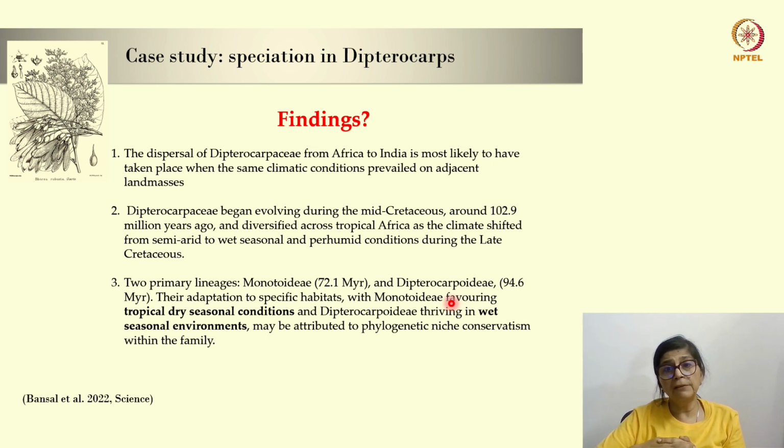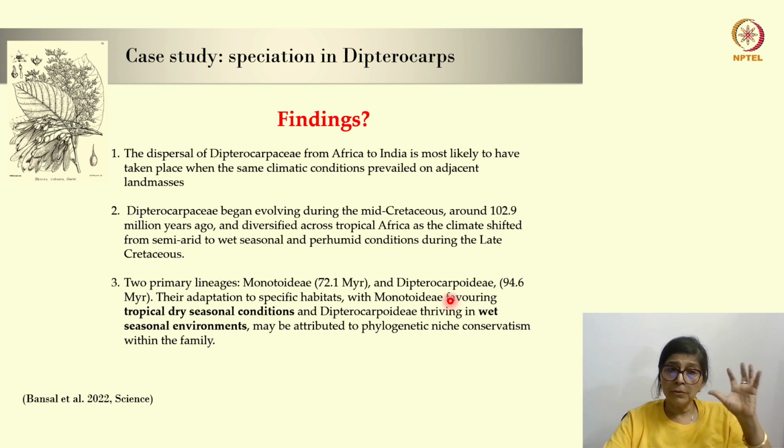Dipterocarpaceae then began evolving during the mid-Cretaceous, as we discussed, and diversified across tropical Africa as the climate shifted from semi-arid to wet seasonal and perhumid conditions. Two main lineages: Monotoideae, approximately 72.1 million years ago, and Dipterocarpoideae, 94 million years ago.